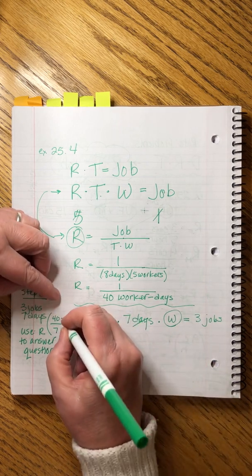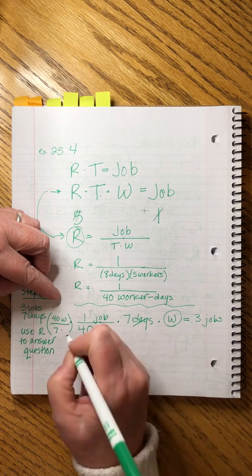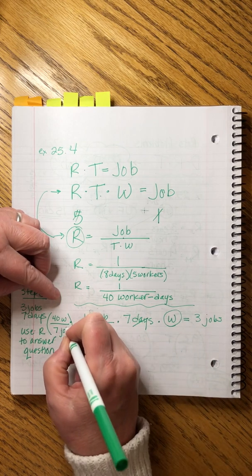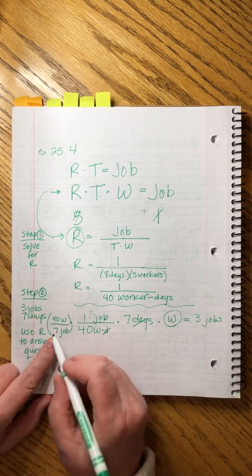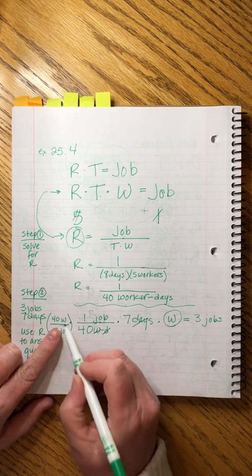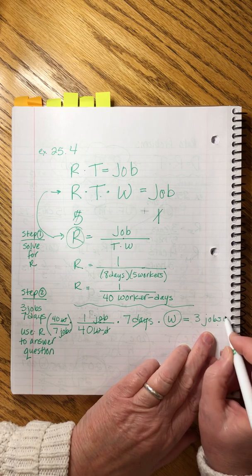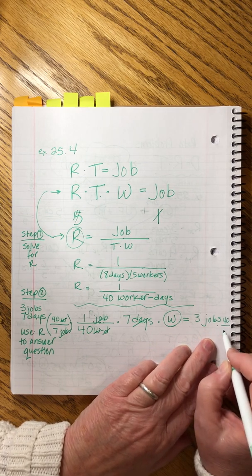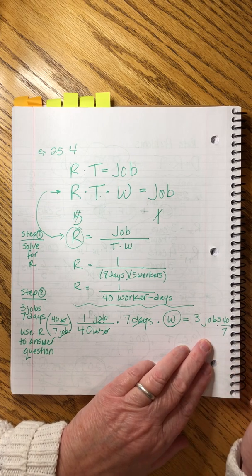This is going to be 40 workers for 7 and the jobs is the word. I'm not trying to make sense of this. I'm just letting my words follow, right? So this will cancel, and this will cancel. And then over here, I multiply by 40 over 7.